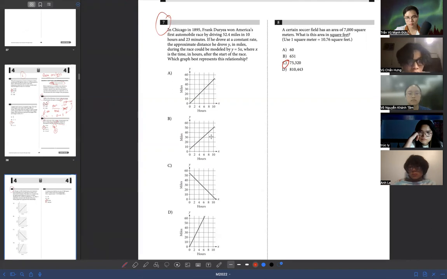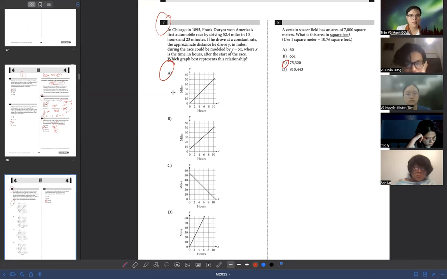I believe it is A. Firstly, can you tell me why you came to A? So C and B are obviously wrong because the graph doesn't start at 0, 0. Exactly.